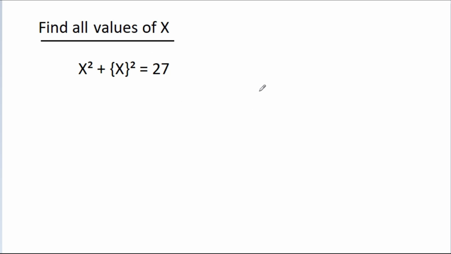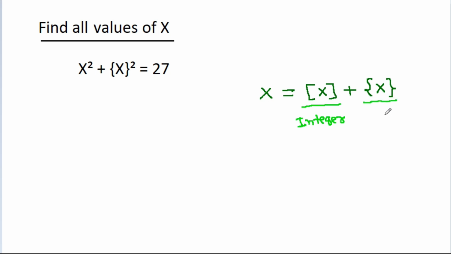Any number x can be written as the greatest integer of x, [x], plus the fractional part of x, where [x] is an integer and the fractional part is greater than or equal to 0 and less than 1.